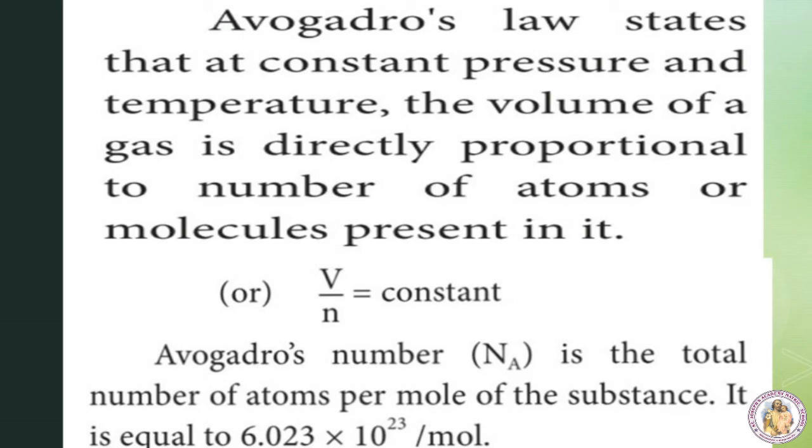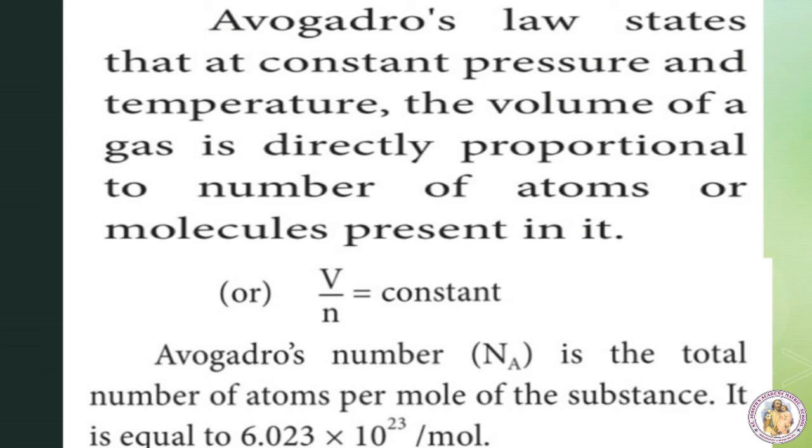When the volume increases, the number of atoms and molecules present in it also increases. When the volume decreases, the atoms and molecules also decrease. So we write V by N is equal to constant.